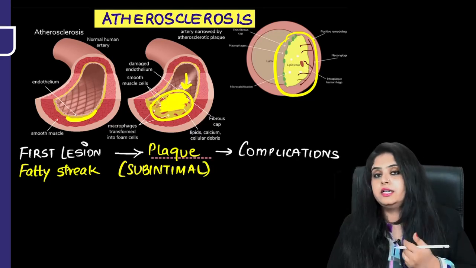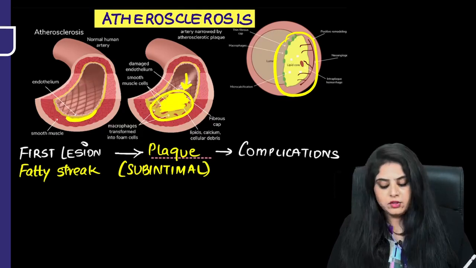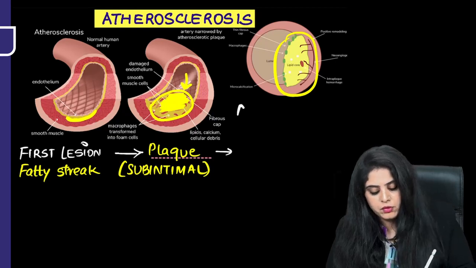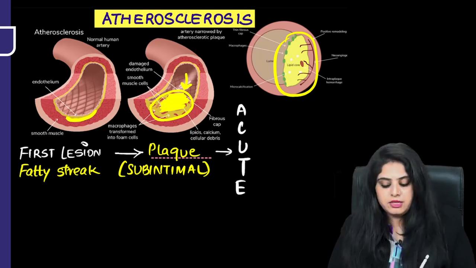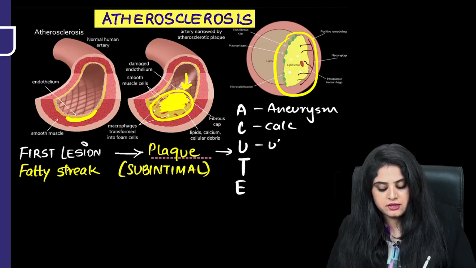What beyond it can occur? Beyond it, there can be complications. I'm not dealing with obviously the entire theory part of it, but I think we can quickly have an overview of what were the complications that can occur. Can you tell me? I give you a mnemonic of acute. A for aneurysms can occur in the blood vessel, calcification can occur, ulceration is possible, and T and E means thrombosis and embolism.